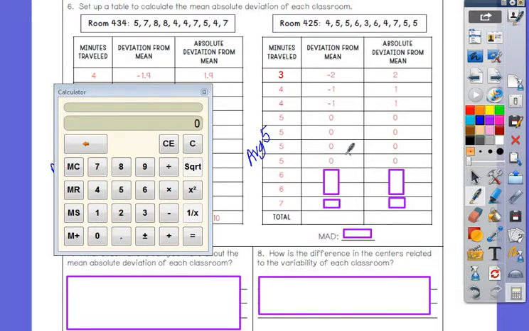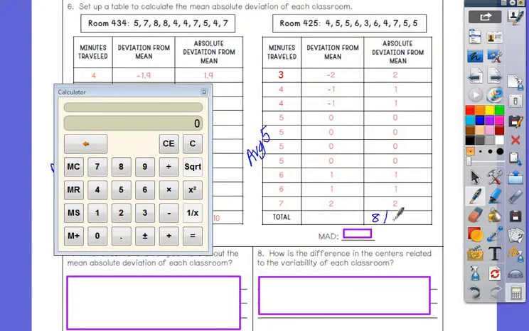Alright, for 6, I'm going to do 6 minus 5, and I get a positive 1. Absolute value of positive 1 is positive 1. And then 7 minus 5 gives me a 2. Absolute value of 2 is 2. So now I needed to add these up and find the average of that. When I add those up, I got 8.